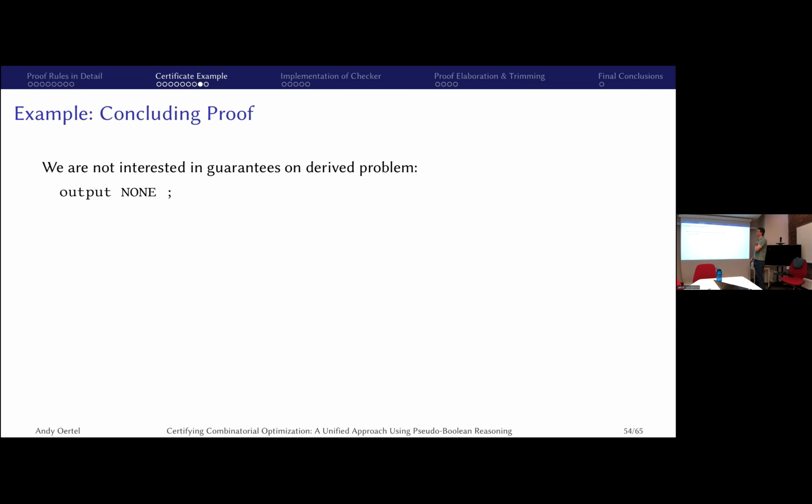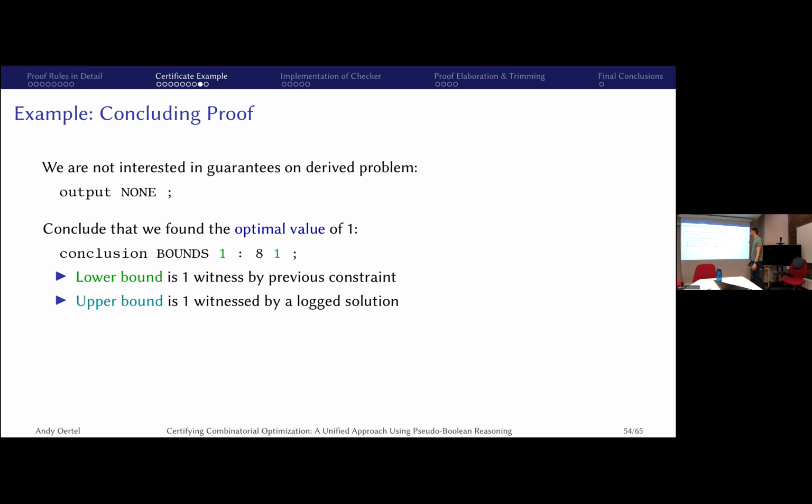And then we just have to conclude the proof. We have this output rule at the end, which says that if we have a reformulated problem that we would like to output and want to have guarantees on, and we have a conclusion, like we know what the result is, we just output this conclusion. And we say that we have an optimal value by saying that we have our bounds, where the lower bound is 1 and the upper bound is 1.